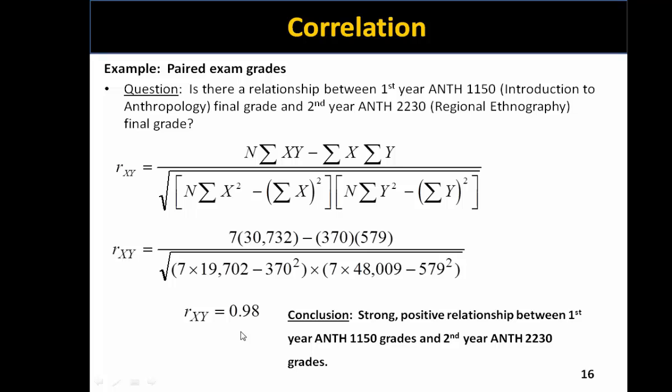So if you get a negative answer with different problems, that is entirely possible, but the value cannot be less than negative 1.0. So you can't have negative 1.2, for example. But in this problem, we conclude that there's a strong positive relationship between first-year anthropology grades and the second-year anthropology course.